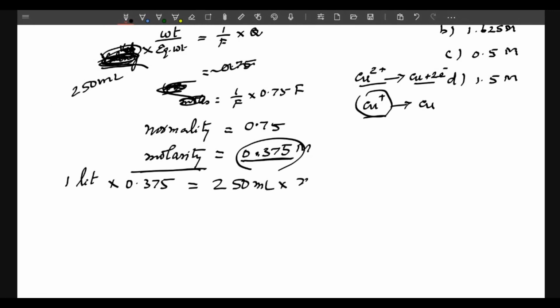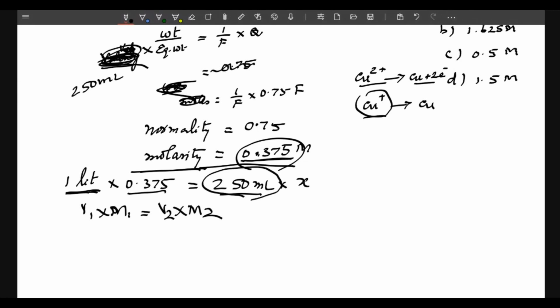Into how much molar? Volume into molarity: V1 into N1 is equal to V2 into N2, the relationship you use in volumetric analysis. Similar is the case here, V1 into M1 is equal to V2 into M2. Using this problem, we are getting the molarity in 1 liter, but we are using 250 ml as the initial solution.